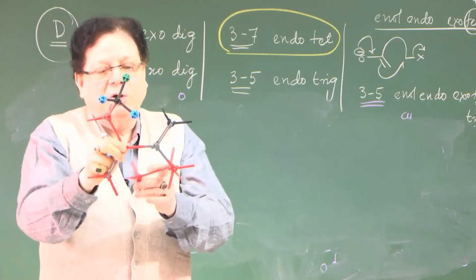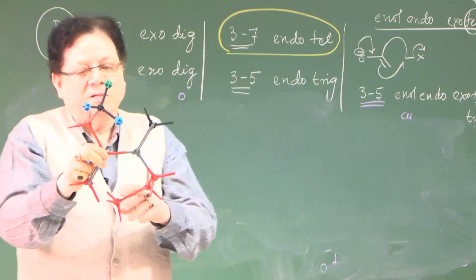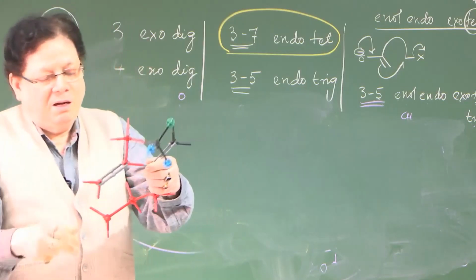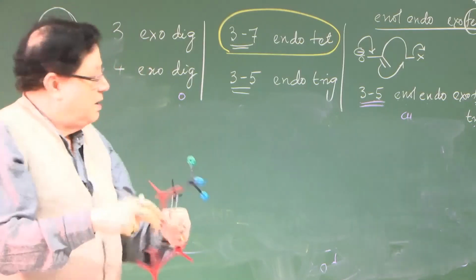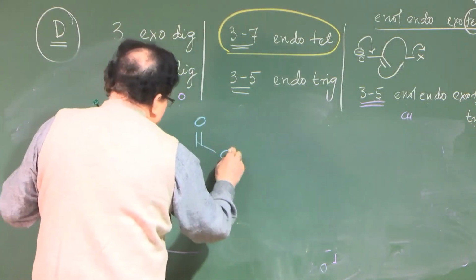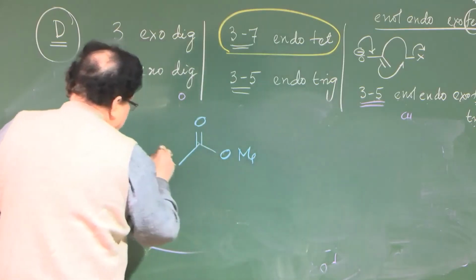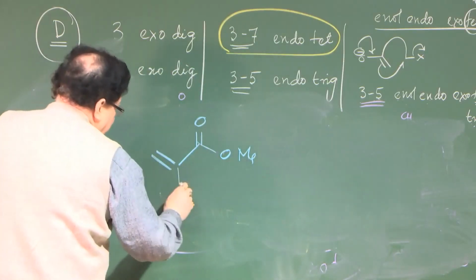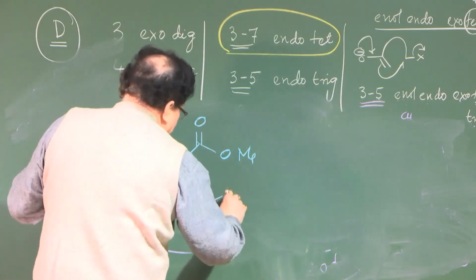Okay. So, the question is, there are two types of possibilities. Let me write the molecule first. The molecule is C double bond O, OMe, and then a double bond, and then CH2, CH2, NH2.